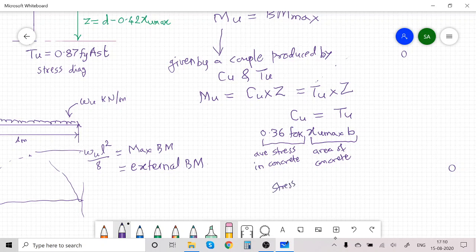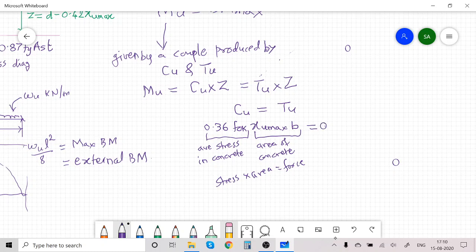Stress into area, we get force. So this is the compressive force given by concrete. This must be equal to Tu, the tensile force given by steel, which is 0.87 Fy AST. Here again 0.87 Fy is the stress in steel and AST is the area of steel. Again, stress into area, we get force. So force in concrete is equal to force in steel.